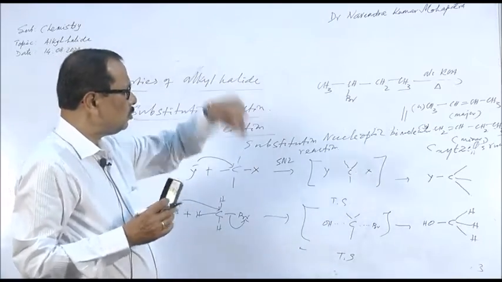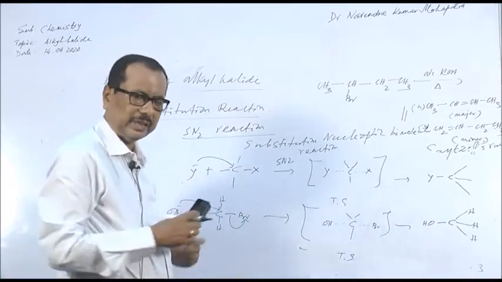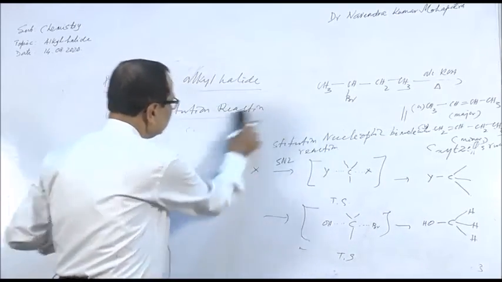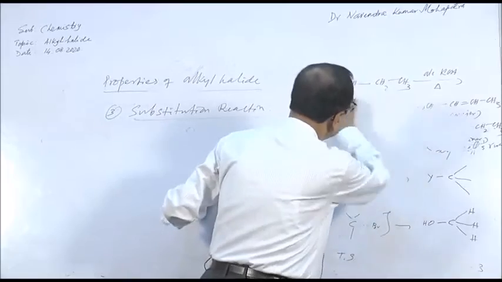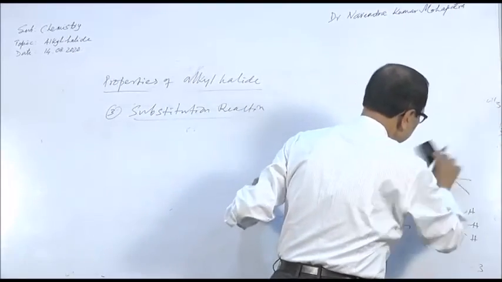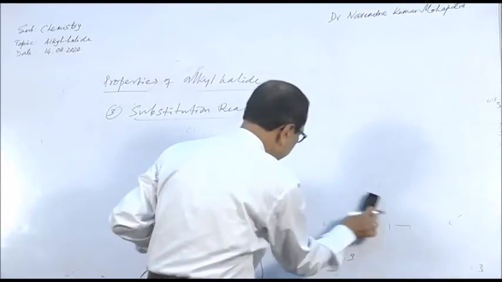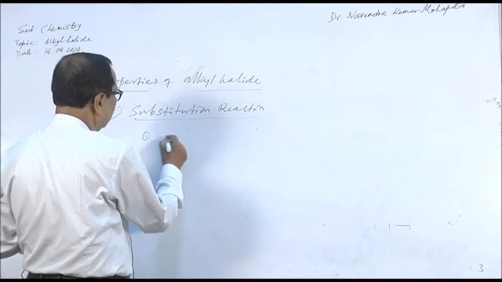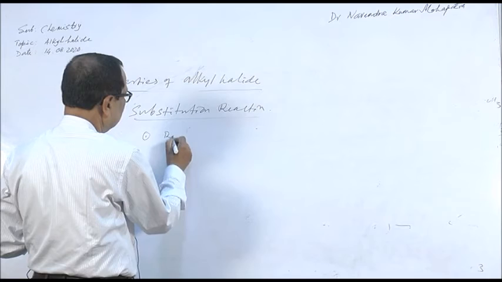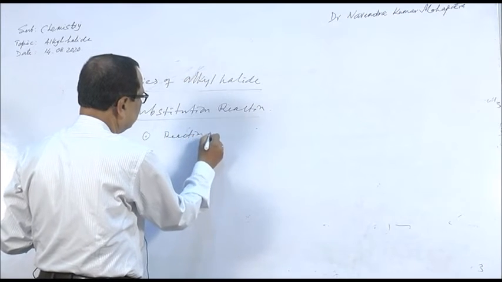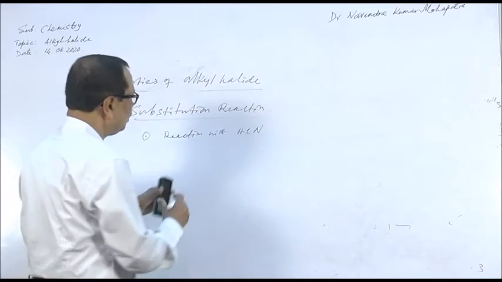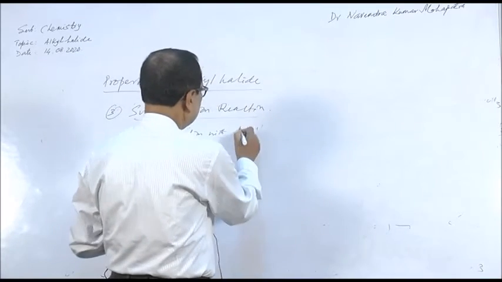And there are so many types of substitution reactions of alkyl halide, and the reactions may be summarized in this way. First, reaction with potassium cyanide.